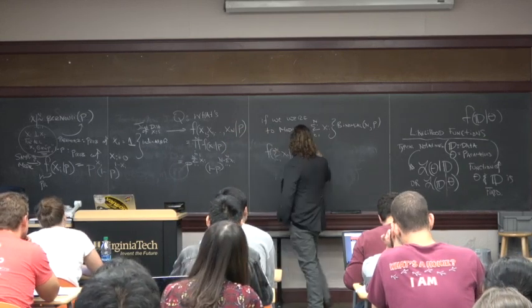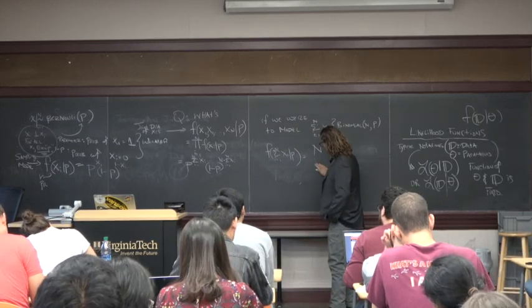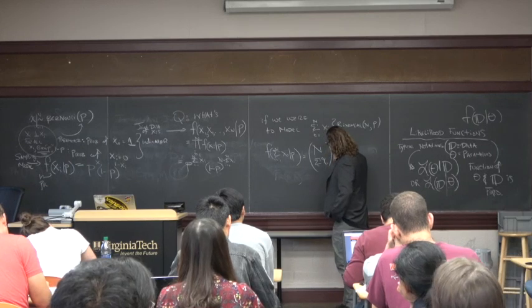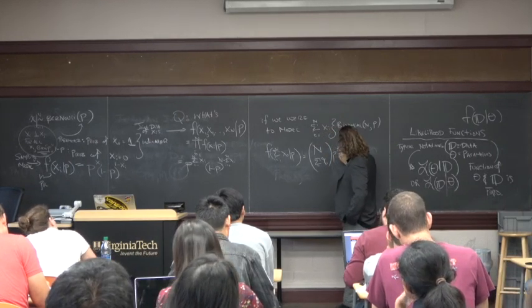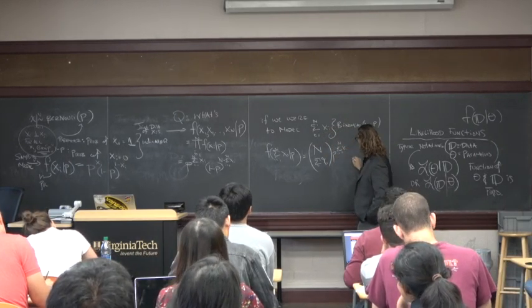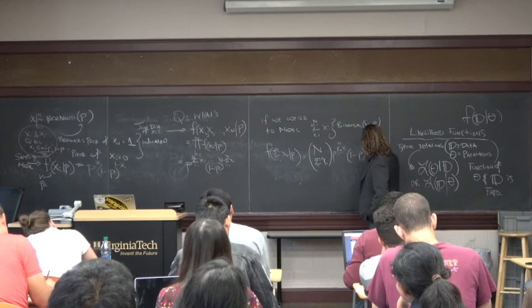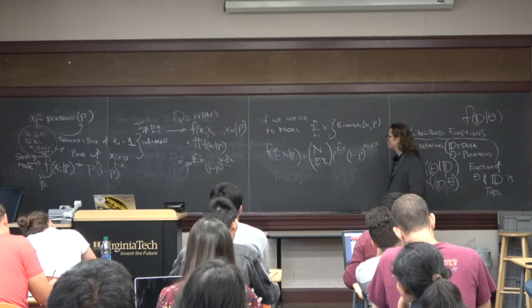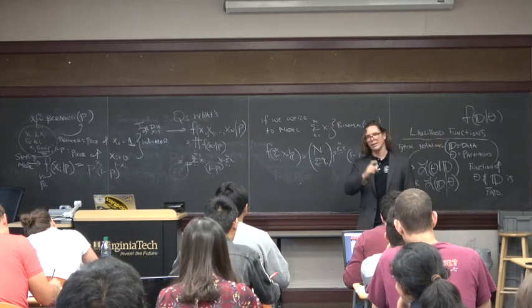This is going to be n choose sum of the xi's, p to the sum of the xi's, 1 minus p to the n minus sum of the xi's. That's the binomial sampling formula.